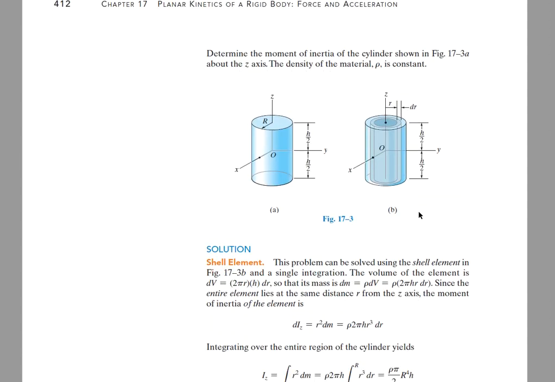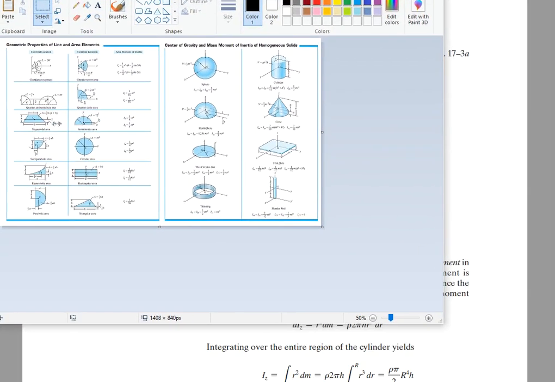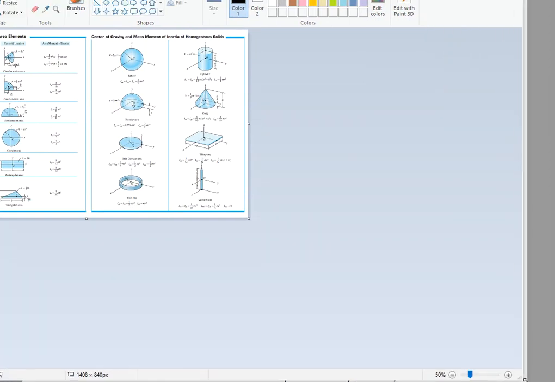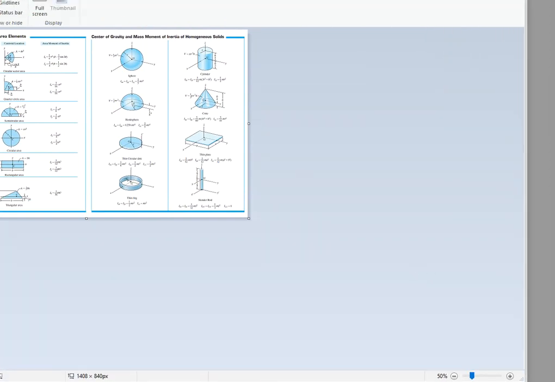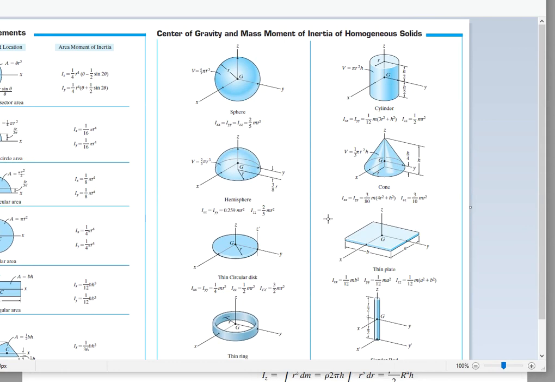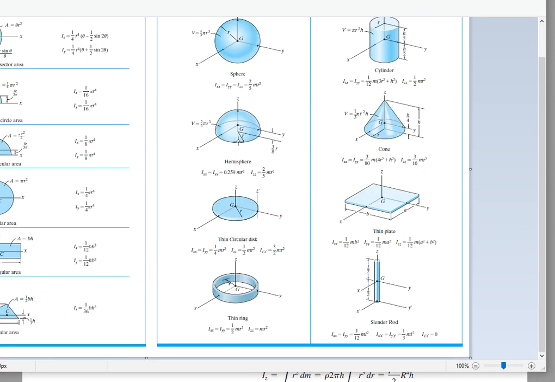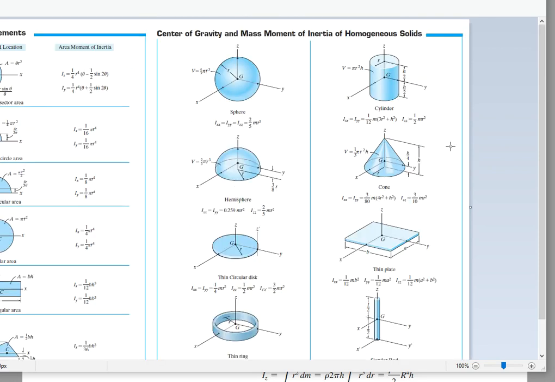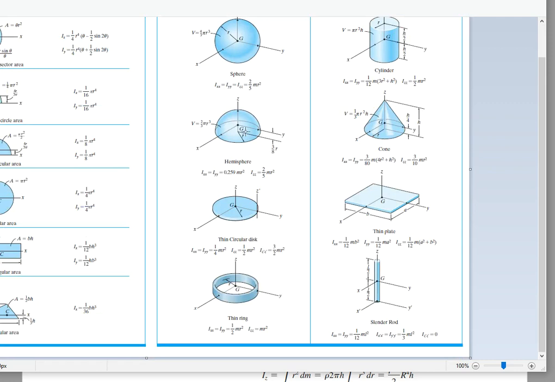In our analysis, we're going to use the tables of mass properties from the back of the book, where we have some simple geometry: sphere, half sphere, thin disk, thin ring, rod, plate, cone, cylinder, and you have the mass moment of inertia given about the axes you see here.